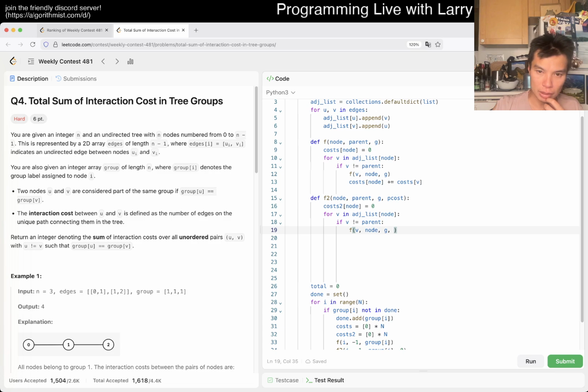Peak cost is basically cost of 2 of node minus cost of v plus peak cost, right?